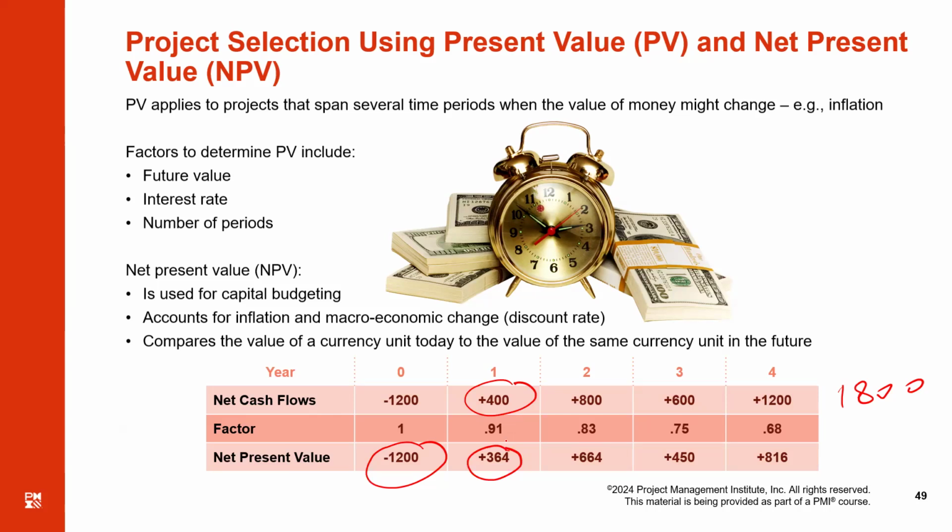Because after 1 year, the impact is 0.91. That means 400 multiplied by 0.91 is equal to 364. And for the second year, the impact is 0.83. So 800 multiplied by 0.83 is 664.